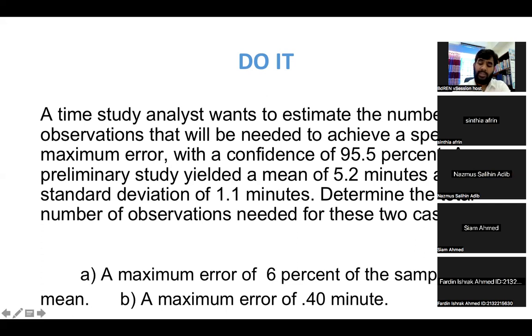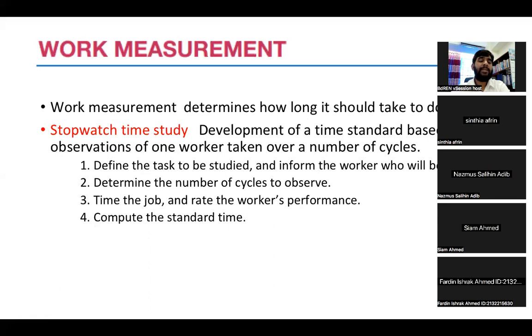So what we are doing, we are calculating the number of cycles to observe. We have chosen that we are going to study how long it takes to cut a piece of product or shirt, and we know how to calculate the number of cycles.